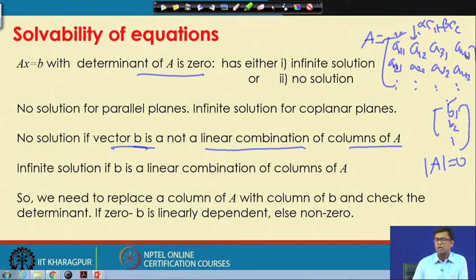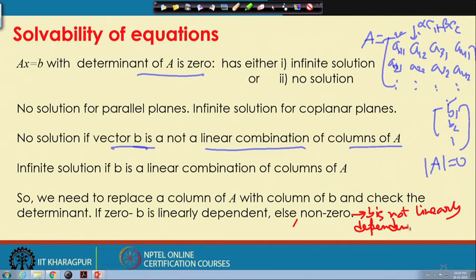If I see all the determinants are zero, then I will say that B is linearly dependent on the columns. If non-zero, it implies that B is not linearly dependent on columns, and then B cannot be expressed as a linear combination of columns of A, and therefore, there will be no solution.